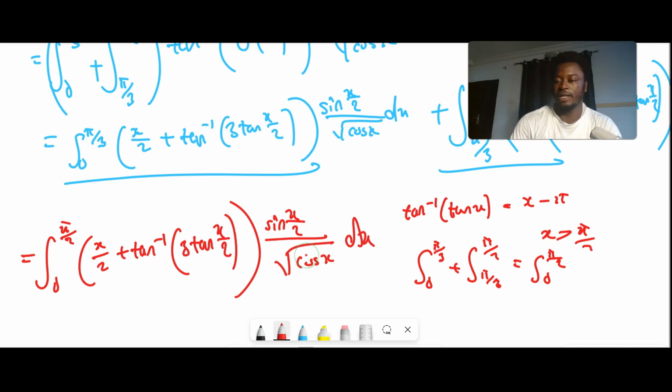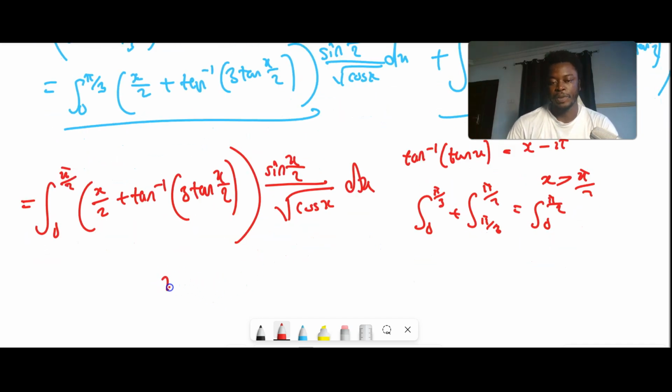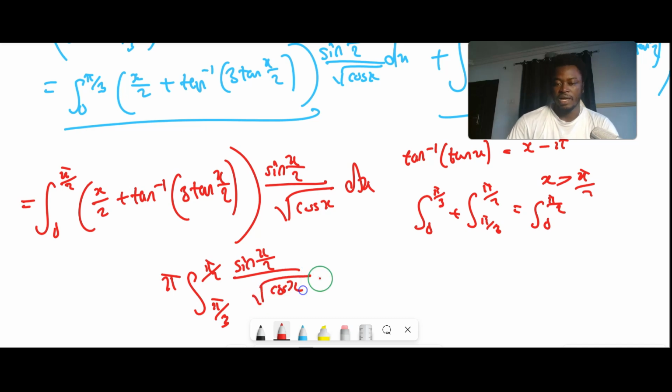Then the second integral that is multiplied by pi would be pi times the integral from pi over 3 to pi over 2 of sine of x over 2 divided by square root of cosine of x. I have solved this integral on my page before, so I'll leave it to the reader to either search for it or solve it. It's easy. Just take t to be square root of cosine of x and everything will be fine. This is not our problem.